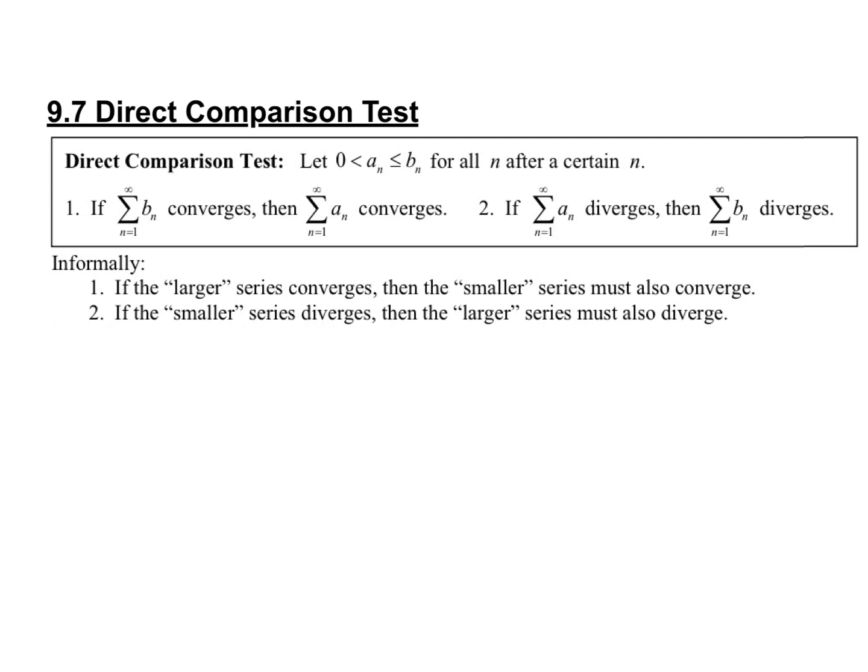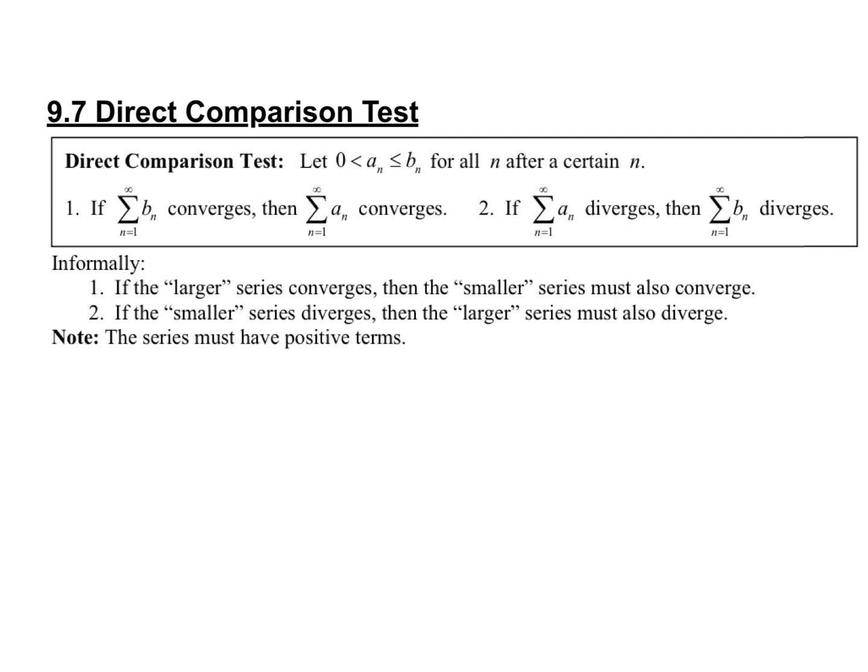The trick to this test is keeping this straight. And however you figure out how to keep that straight, that's the critical part. Because we're going to be generally comparing the given series to a series we already know its convergence or divergence of, because we've worked with them in the past. So that's kind of the key.